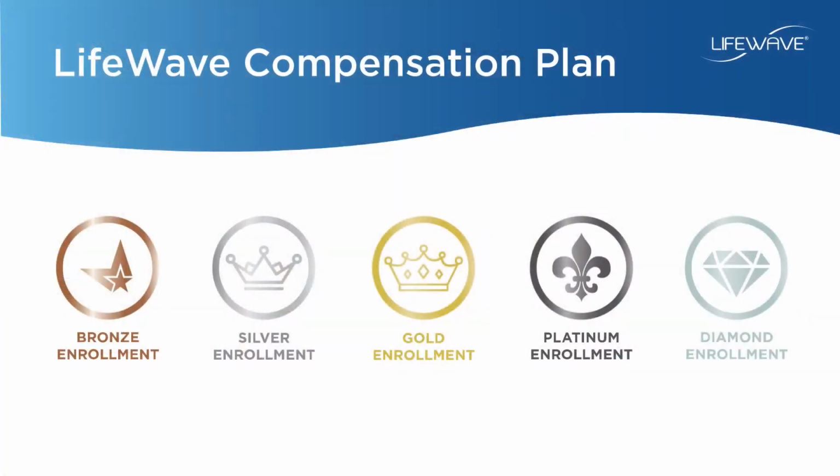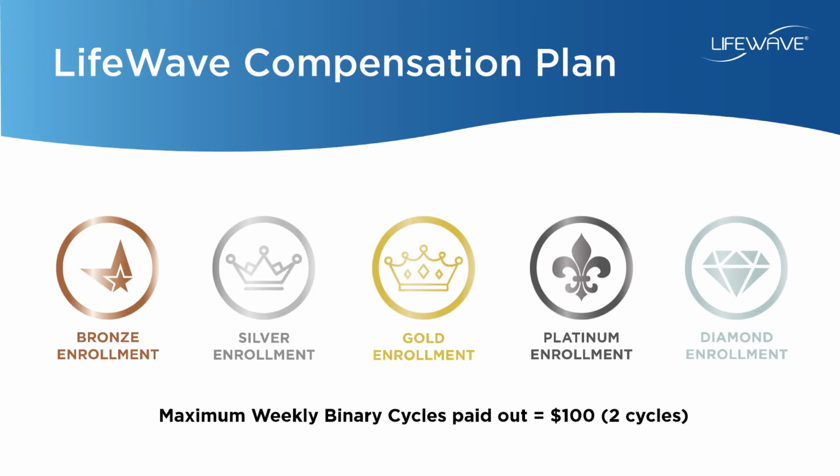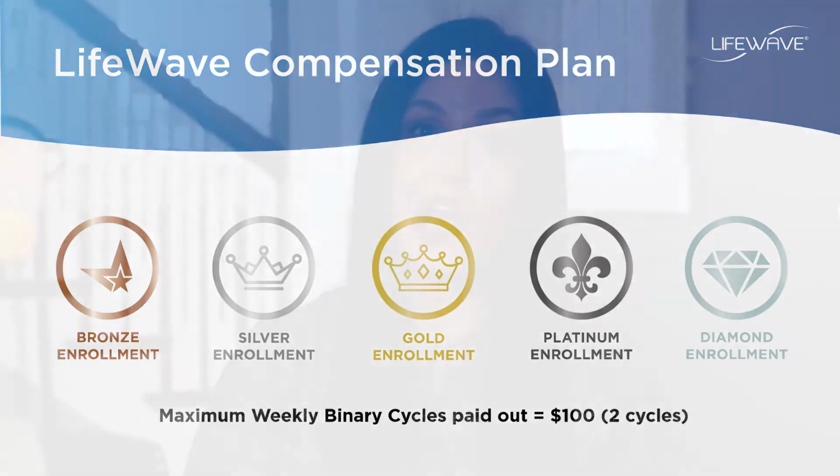Now, if you're an enrollment title, you do have a limit to how much you can earn per week. The max you can cycle is 2 cycles or $100. Now, despite what I said about all your cyclable volume being processed and consumed each week, as an enrollment title, that will not be the case. Any volume that you're not able to receive a commission for because of the limit due to your title will roll over as carryover volume each week.